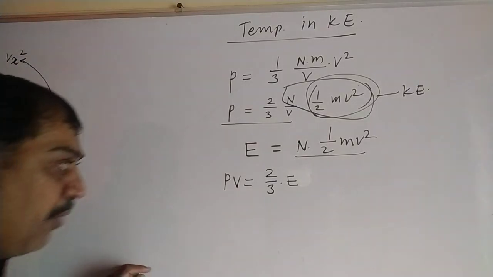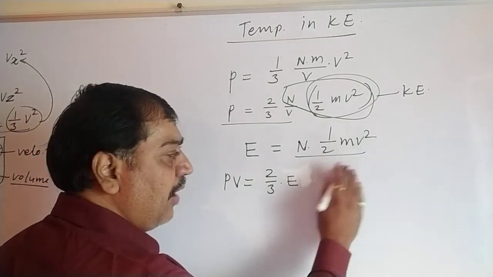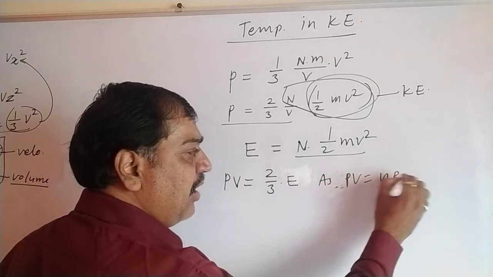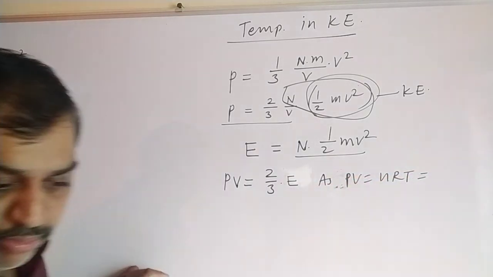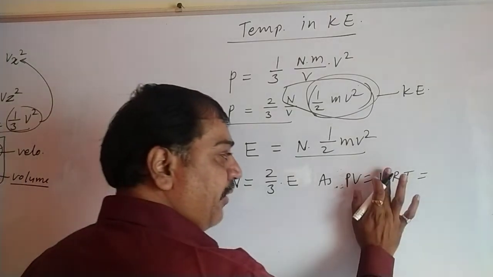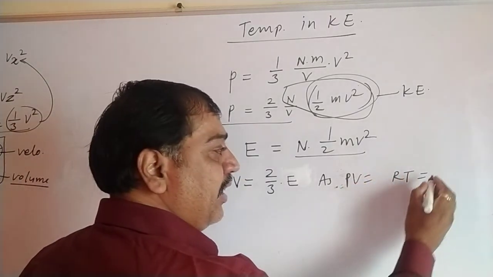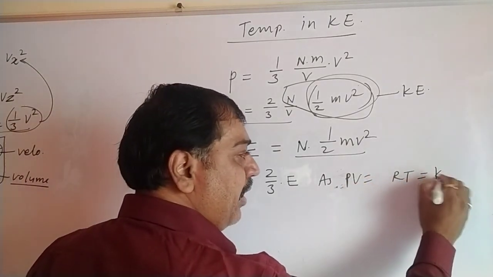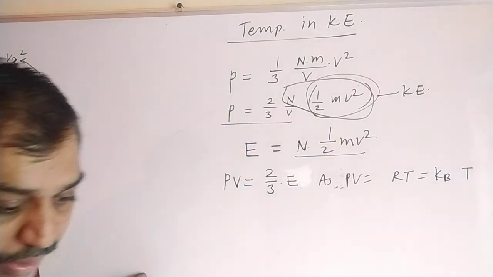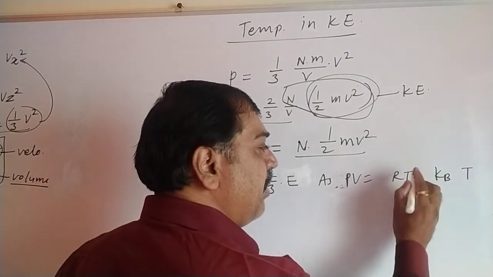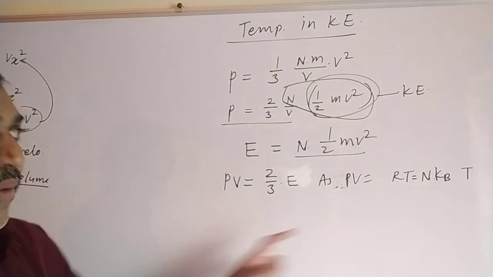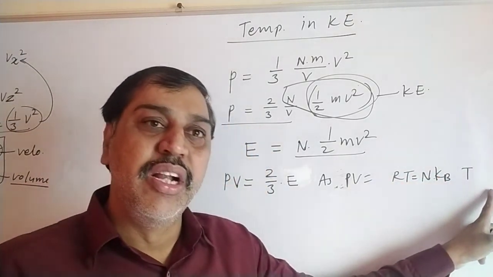Again, we know PV equal to nRT. For 1 mole of gas, R T equals N_A into k_B into T, so R is N_A into k_B, and we put T as it is.